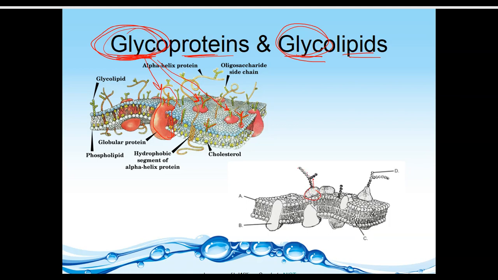So here's protein, here's the glyco part. Another protein, here's the glyco part of the glycoprotein. And then here is a little bit of carbohydrate, glyco, stuck to phospholipid. So glycoprotein, glycoprotein, glycolipid. Good.